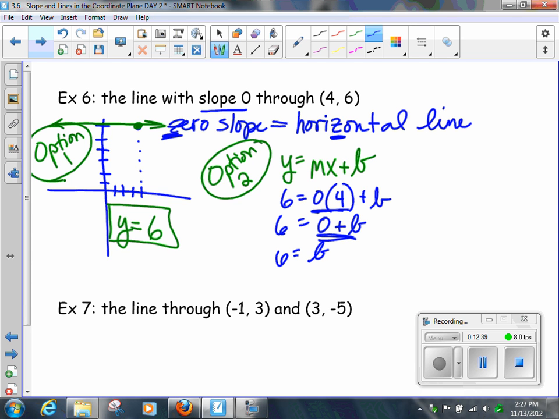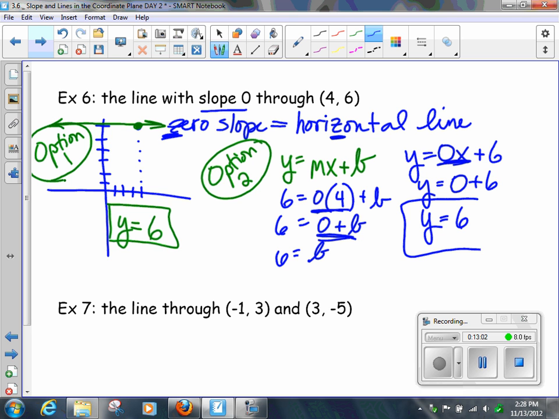Do I now have enough information? Yeah. Y is equal to, plugging in, 0x plus 6. Is that how I need to leave my answer? Why? Y equals 6. Because 0 times anything is 0. Write this down. Do not sit there like a knot on a log.